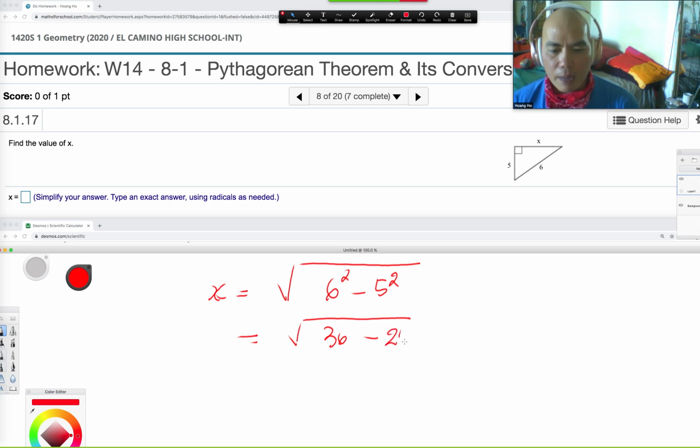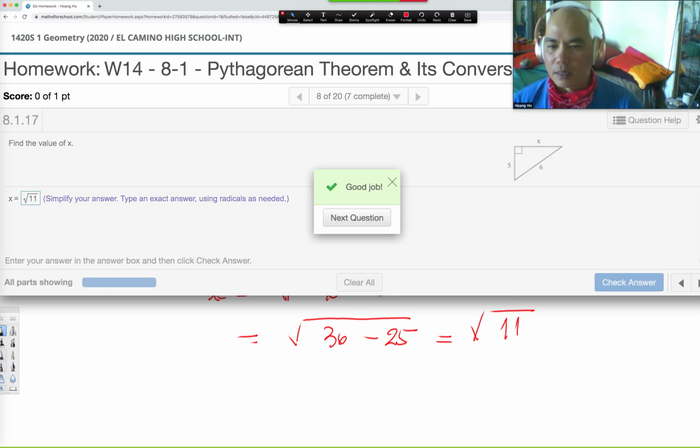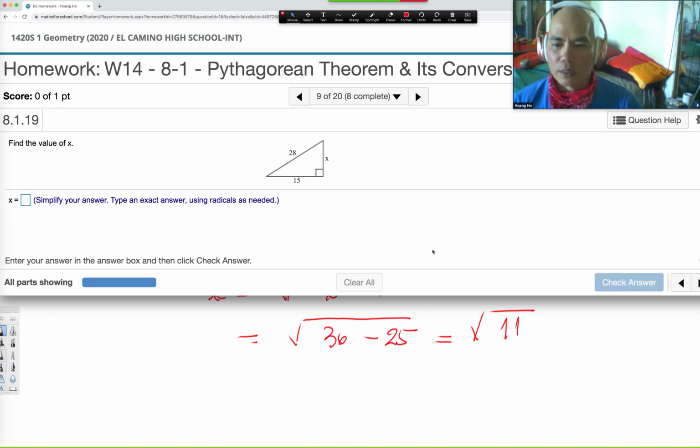Subtract 5 squared, which is 25. So my answer is square root of 11. And this is the exact answer. So I answer exactly square root of 11. Ta-da, I got it correct. Move on to the next question.